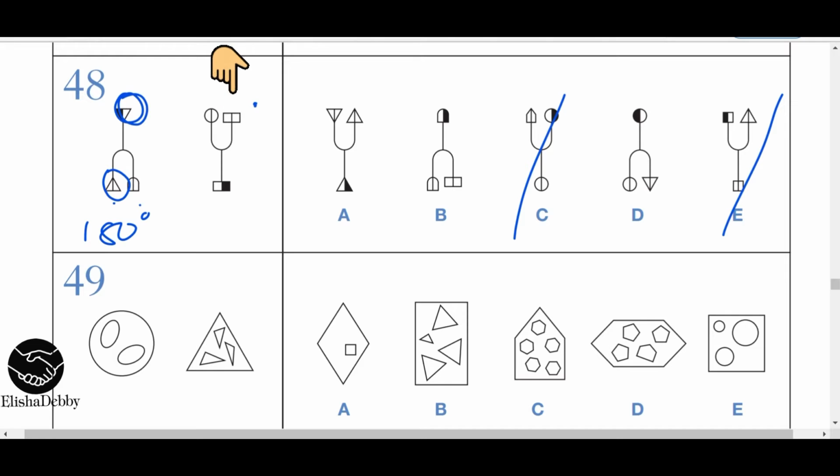From the non-shaded, you could turn it upside down and it still gives you that shape. All right, let's see. So from the non-shaded one, it's turned 180 degrees and you get that.